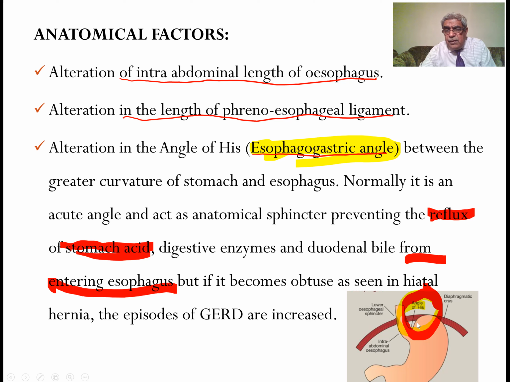Very simple. If this angle is disturbed, then the barrier is lost. This is the stomach, and the contents can freely pass from the stomach upwards.